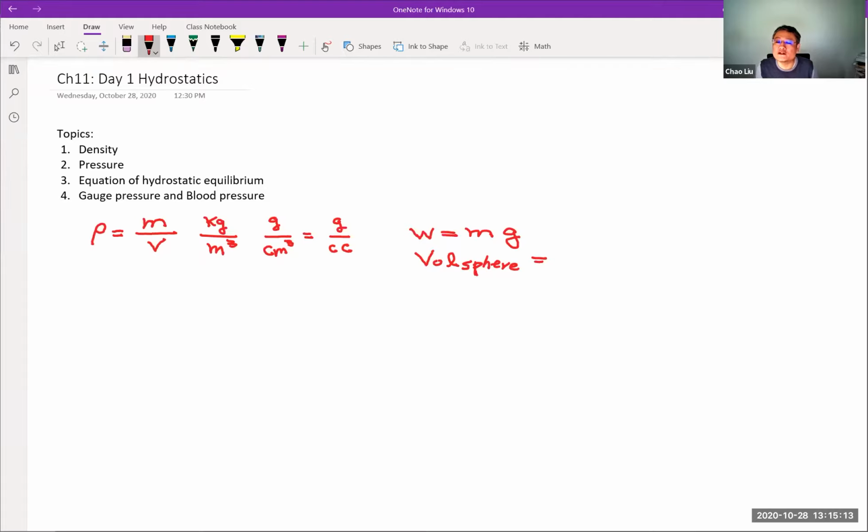Well, if you have a sphere, then the equation for the volume is 4/3 pi r cubed, okay? The r represents the radius. So 4/3 pi r cubed is the one that you're going to use the most. So make sure that you know how to find the volume of a sphere.